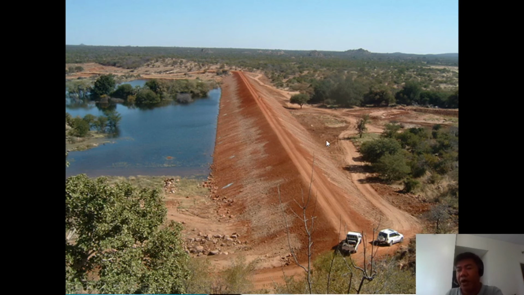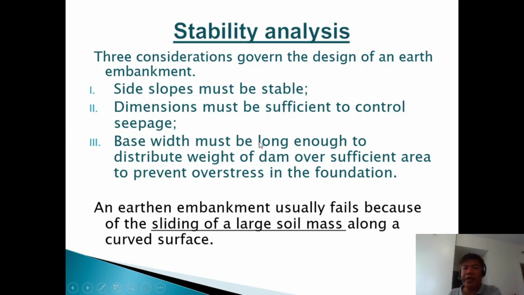But in the software, you can do both sides, the upstream and downstream slope stability analysis. So here are the three considerations that govern the design of an earth embankment. It has been mentioned already in the previous slide on preliminary design, if you remember, that there are preliminary values for the crest, the slope, the height, and so on.